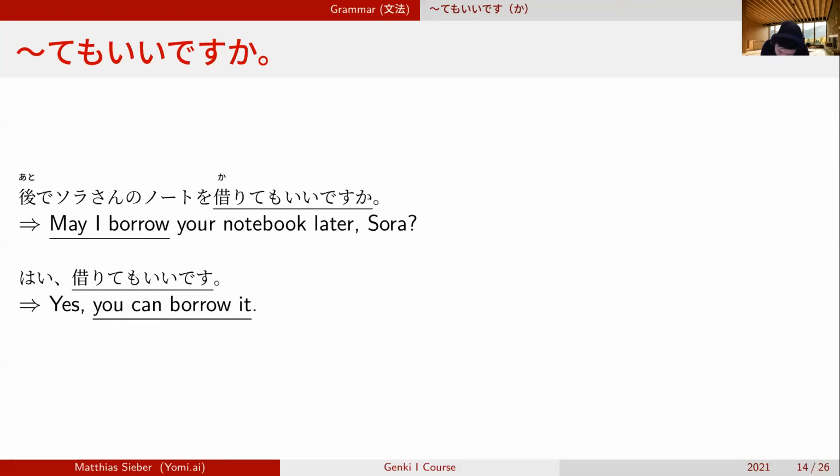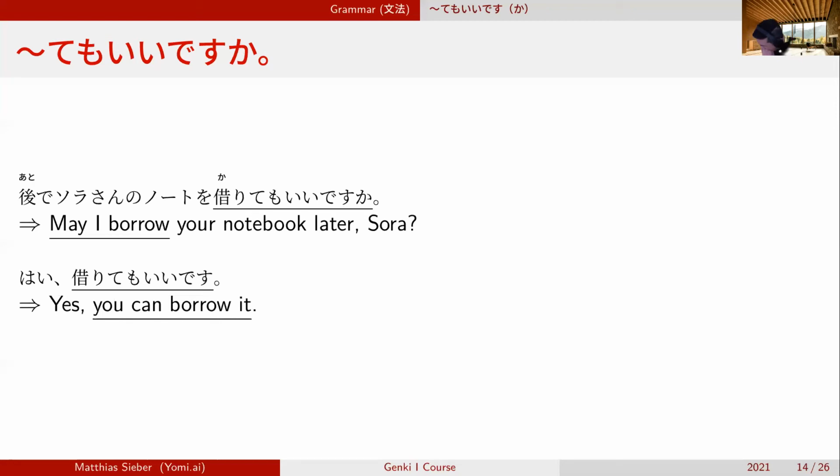So what would be, is it okay to close the window? Or may I close the window? It would be shimete mo ii desu ka? Yeah, very good. Mado o shimete mo ii desu ka? Very good. And then nanaban, we had aircon o keshite mo ii desu ka?